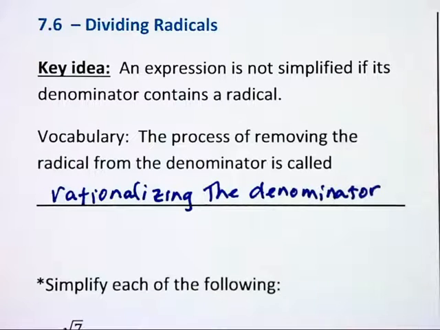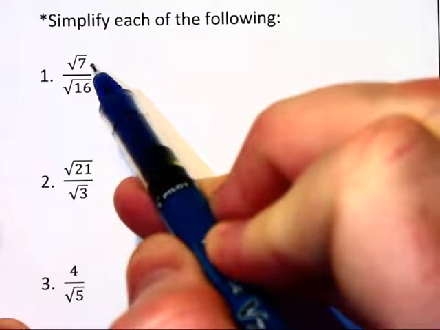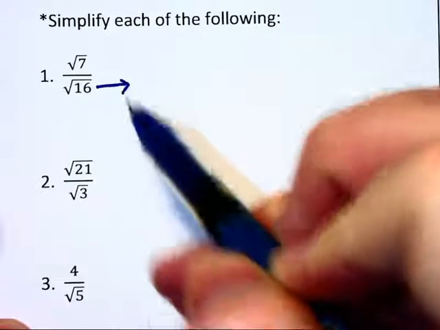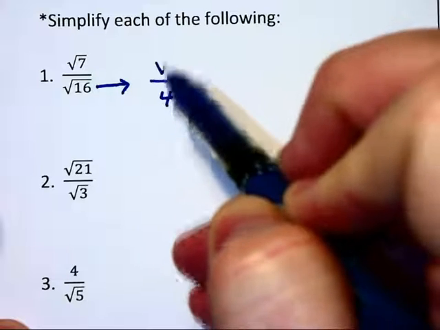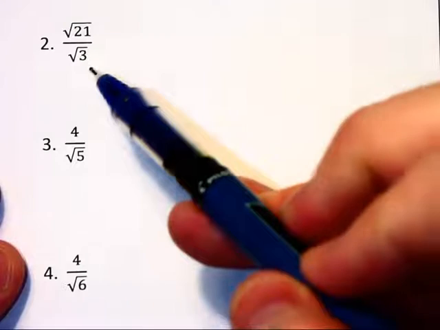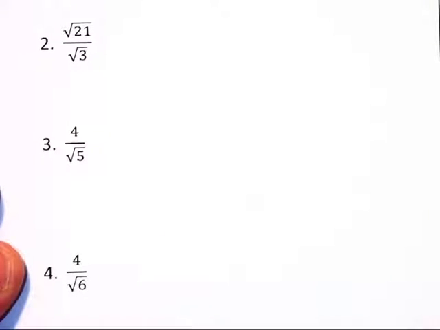Now, these problems come in a variety of levels of difficulty. We don't care about the square root of 7 in the numerator on this first problem. We just care about the square root of 16 to have 4 in the denominator, leaving the square root of 7 up in the numerator. In number 2, we cannot square root that 3 very easily, but we do have a square root of 21 up above.